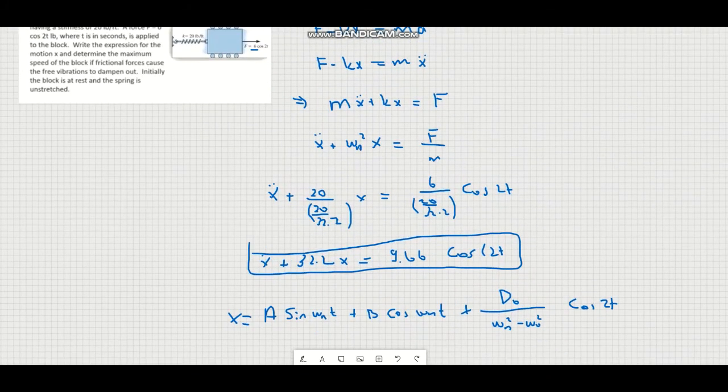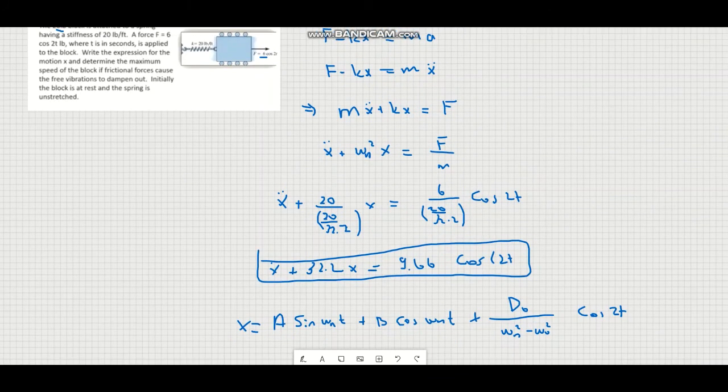As for what we need, initial conditions. It says initially the block is at rest and the spring is unstretched.